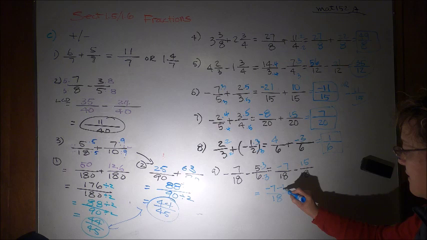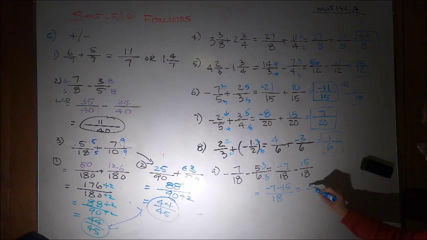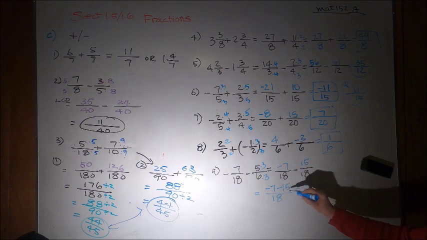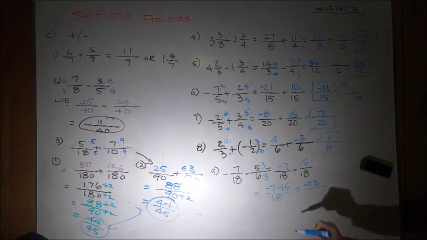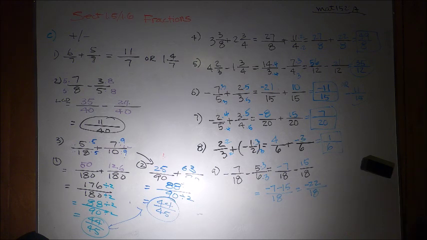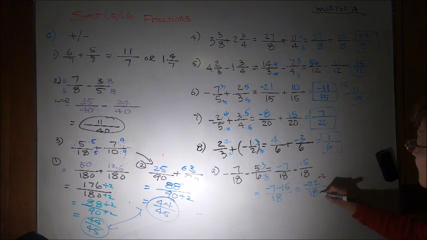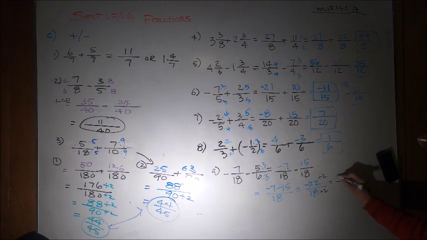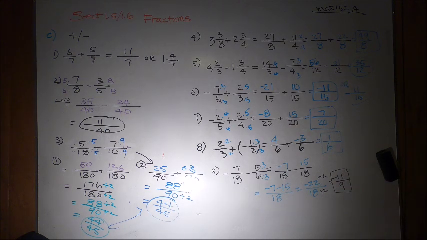Top would be negative 7 minus 15. That would be what? Both are the same signs. Combine 7 and 15, 22 with a negative number, right? And do we leave the answer that way? No, because we can simplify. So that would be negative 11 over 9. That would be your answer. Are we good?